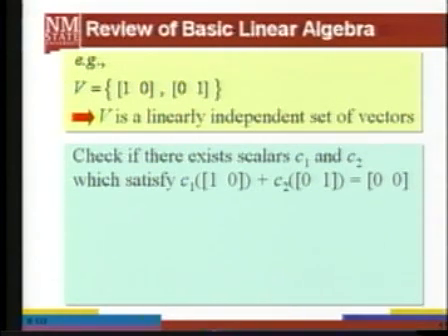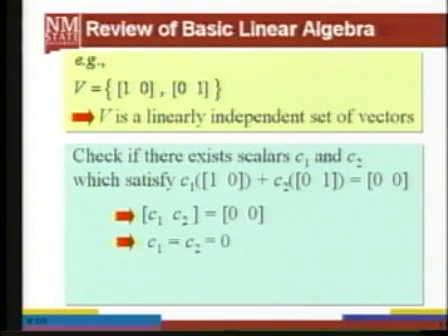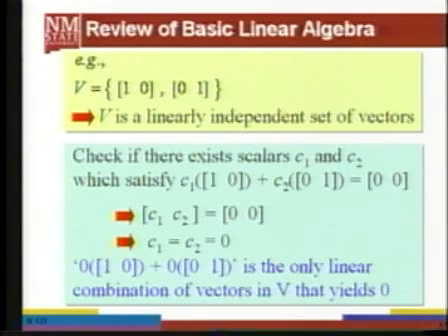Is that right? However, in this case, both C1 and C2 must be 0 to satisfy this equation. This is the only linear combination of vectors in V which is 0. So V is a linearly independent set of vectors in this case. Is that right?